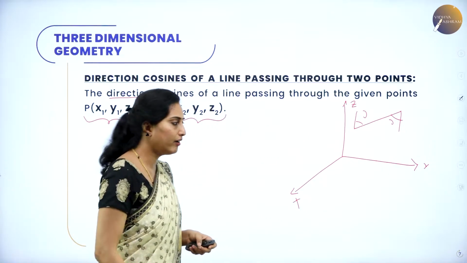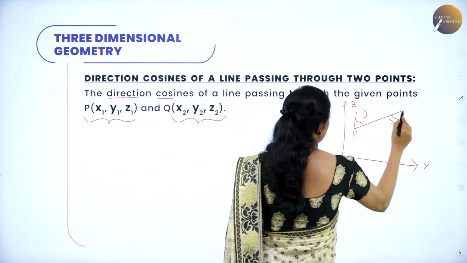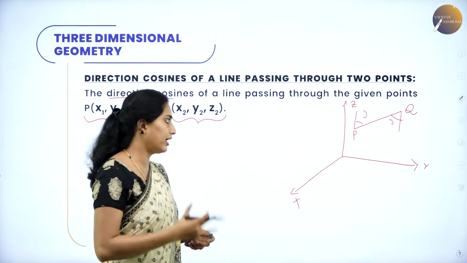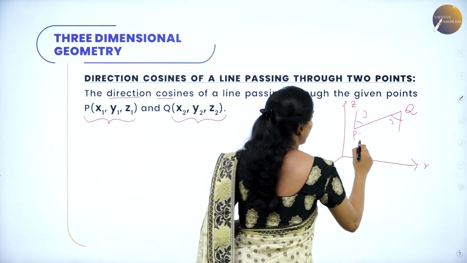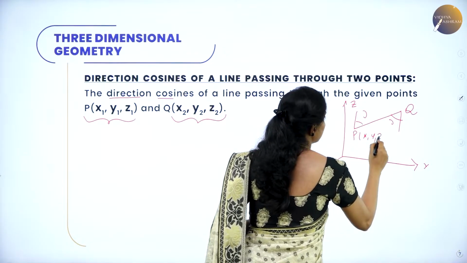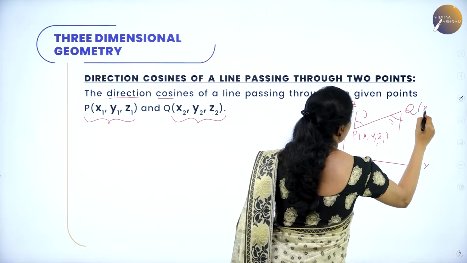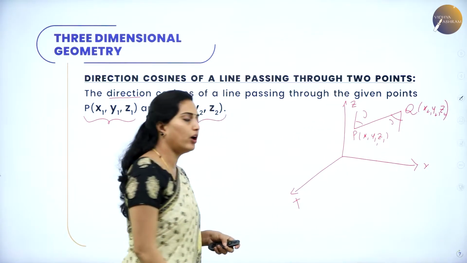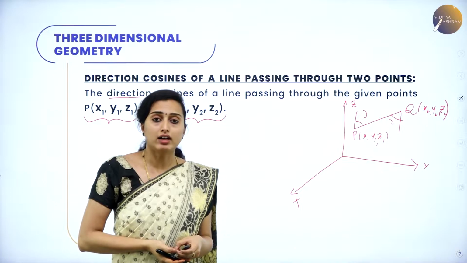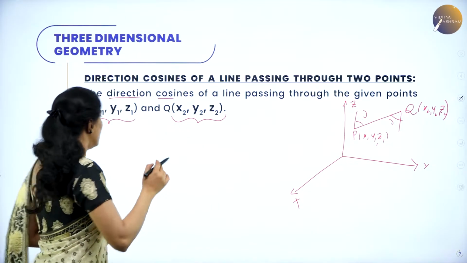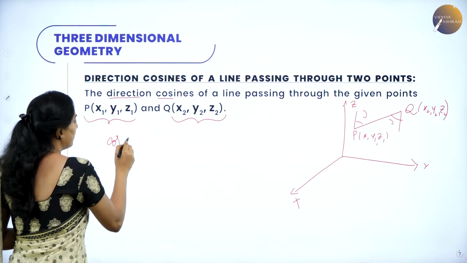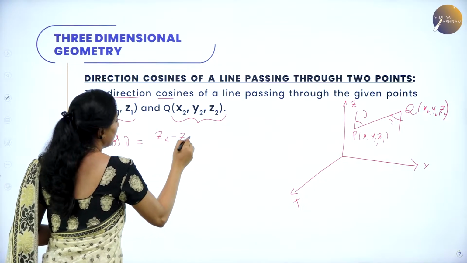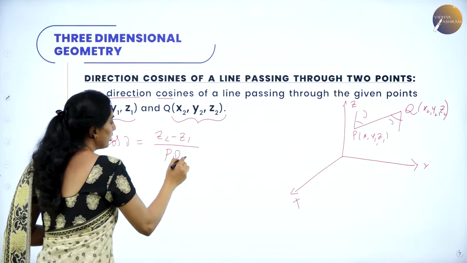Now you have the line P and Q. So what will be cos gamma? P is x1, y1, z1 and Q is x2, y2, z2. This line makes an angle gamma with the z-axis. So cos gamma is given by z2 minus z1 divided by PQ. What is PQ?